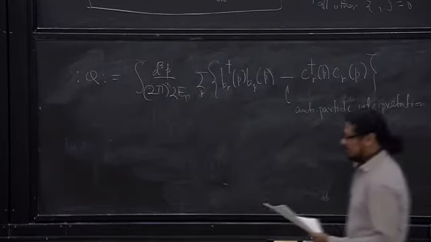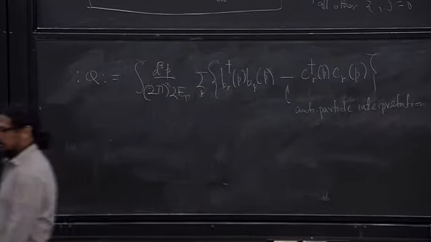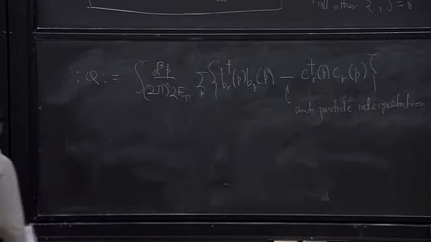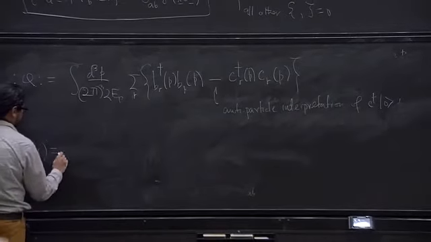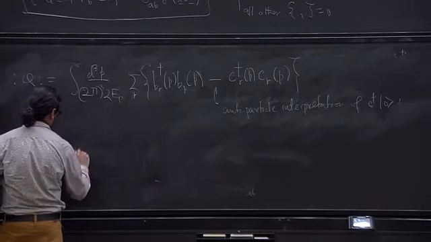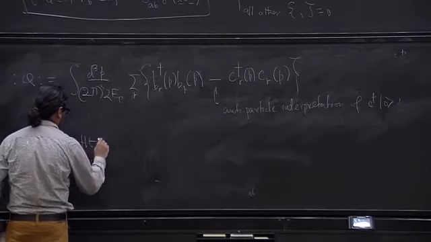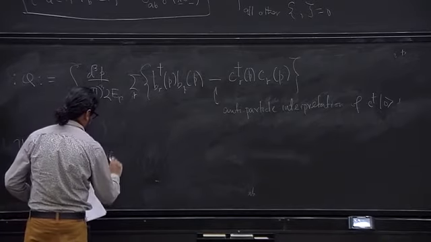So let's now write our field operator, but in the Heisenberg picture. So this is our field operator in the Heisenberg picture, and it's related to the one in the Schrodinger picture by the usual unitary relation.